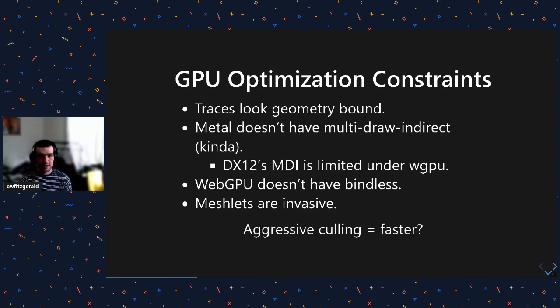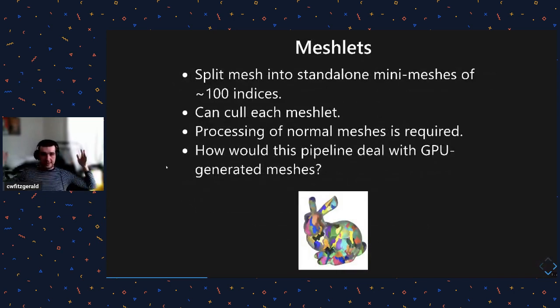So let me be on the right window. Meshlets. So meshlets are kind of a buzzword at this point, and essentially you take a mesh, you split it up into a bunch of tiny meshes. Each individual meshlet is completely standalone. It has its own little vertex buffer, its own little index buffer, and you can do a bunch of fun things with this, including using the new mesh shaders, which sort of accelerate this kind of pipeline.